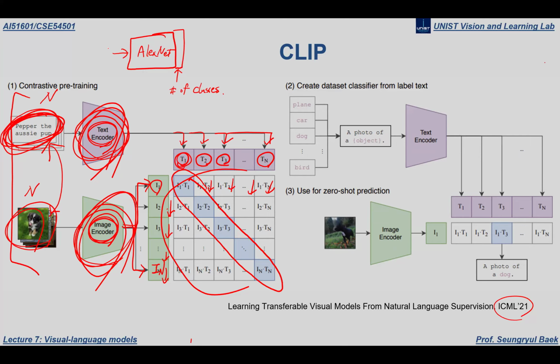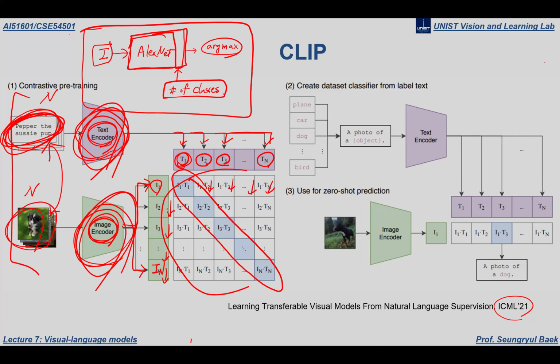The input to the AlexNet is an image, and the final output is this dimensional probability vector, and then we choose the maximum probability to infer the class for that image sample. So this is the traditional way of doing image classification, okay?